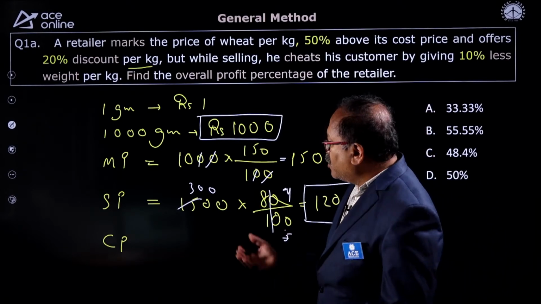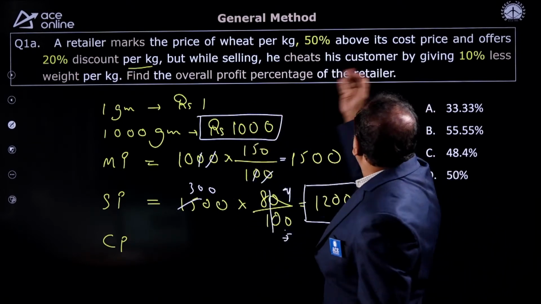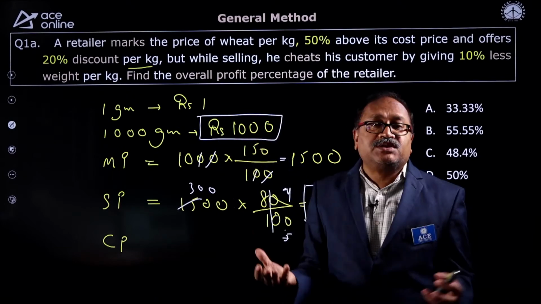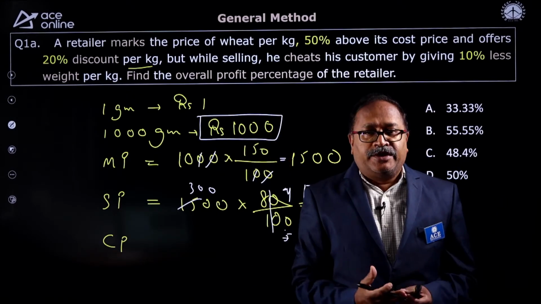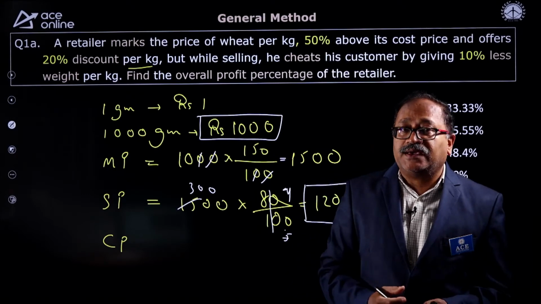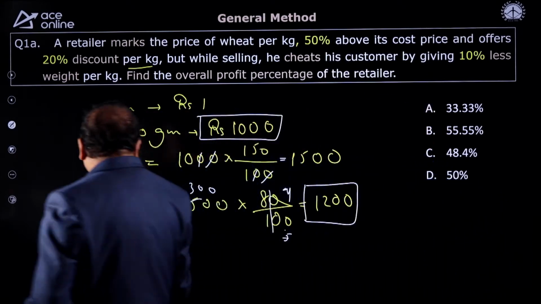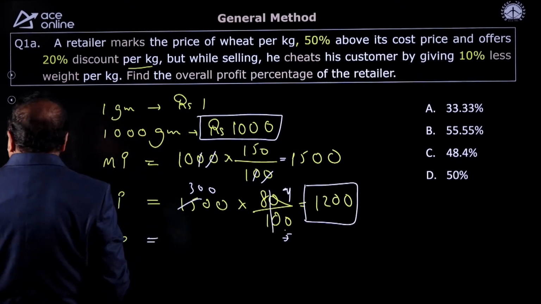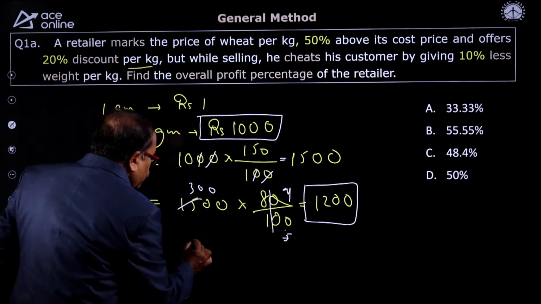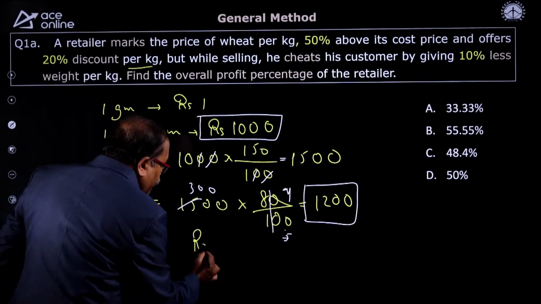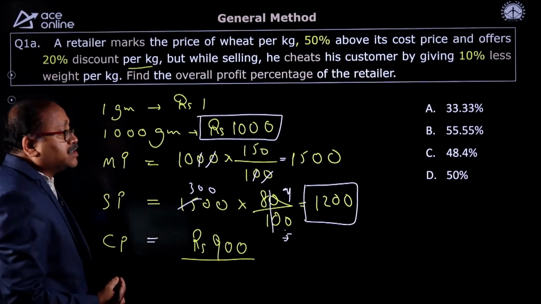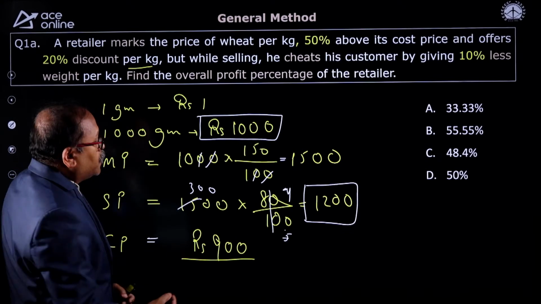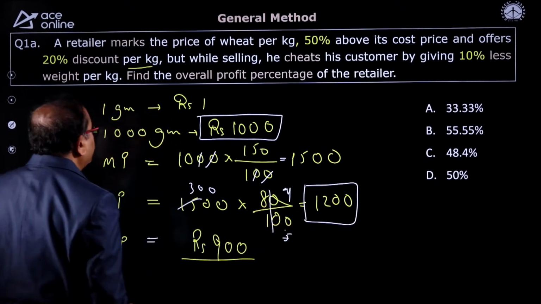He is only giving 90% because he is cheating 10%. What is 10% of 1000? 100. So take out the 100, that means 900. So his actual CP is rupees 900. Write down that part also. His actual CP is rupees 900, and the selling price is 1200.